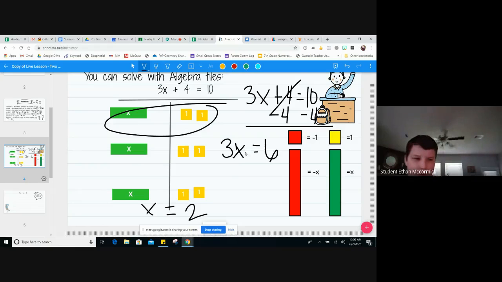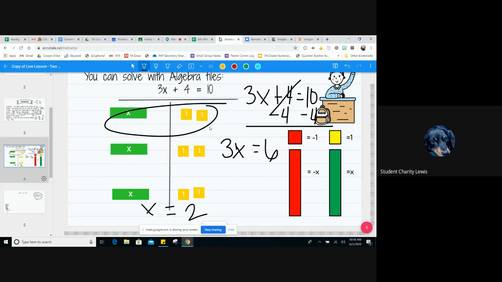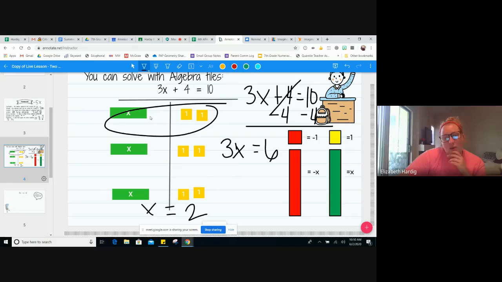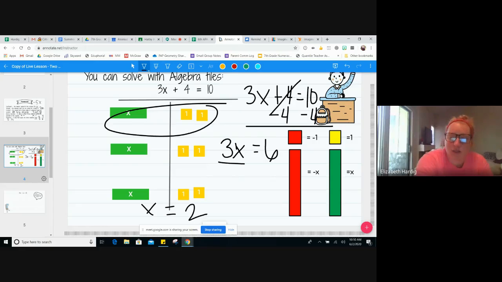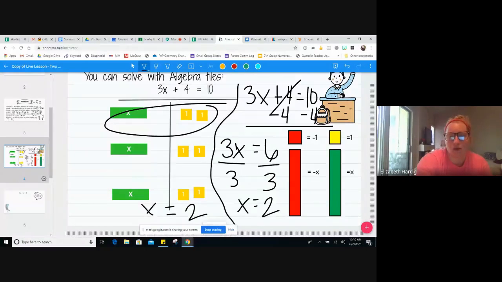Or sharing them equally into each one. And I shared equally into how many groups? I had 1 group here, 1 here, and 1 here. 3 groups. Good. So I divided both sides into 3 groups. And I got that x was equal to 2. You see how what we did over here with the math matched what we did with the algebra tiles? It does match, yeah. Okay.